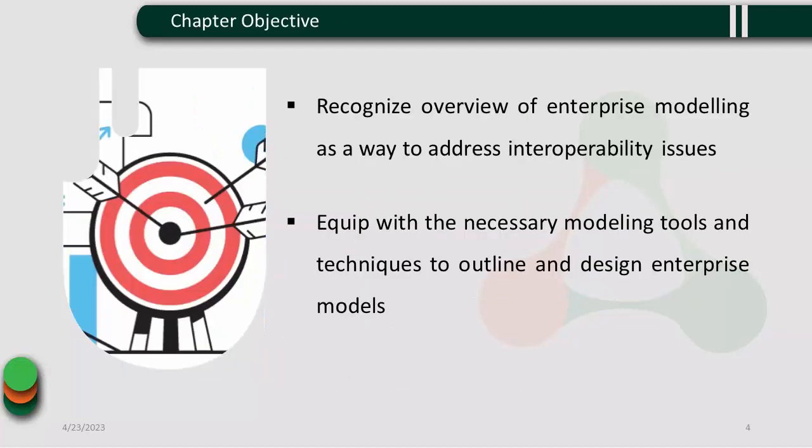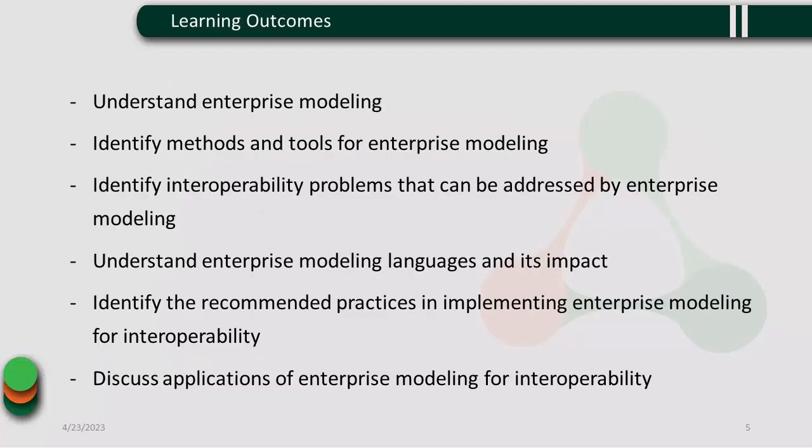Chapter Objective. After completing this chapter, trainees will be able to recognize a general overview of enterprise modeling as a way to address interoperability issues. The trainees will be equipped with the necessary modeling tools and techniques available to outline or design enterprise models to address interoperability problems. Learning outcomes.